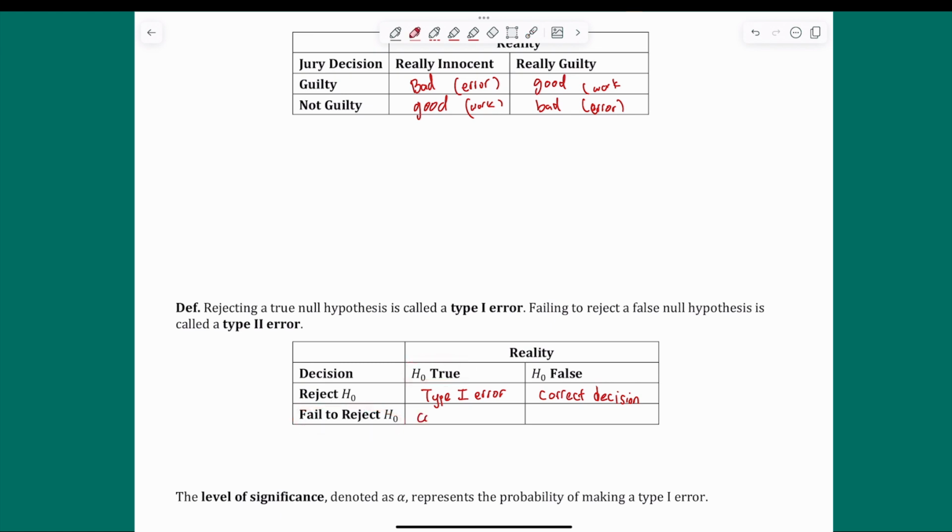That's the correct decision. And if the hypothesis test concluded to fail to reject the null, do not reject the null, but the reality is that the null hypothesis is false, that's bad. That's an error, and that's the type 2 error.